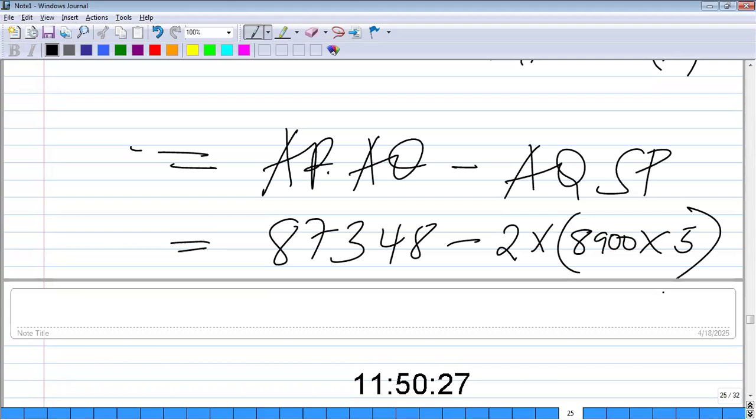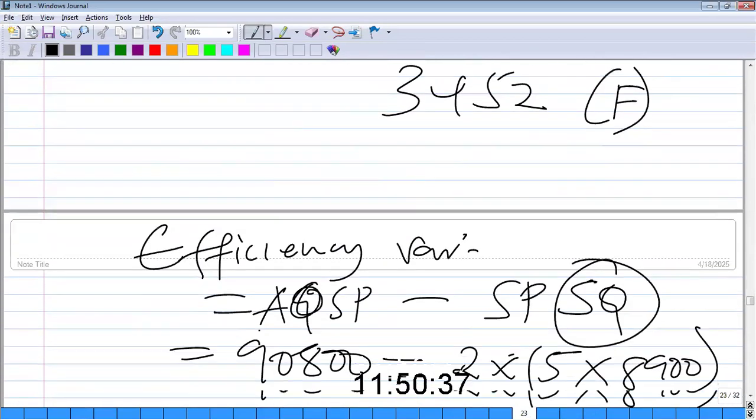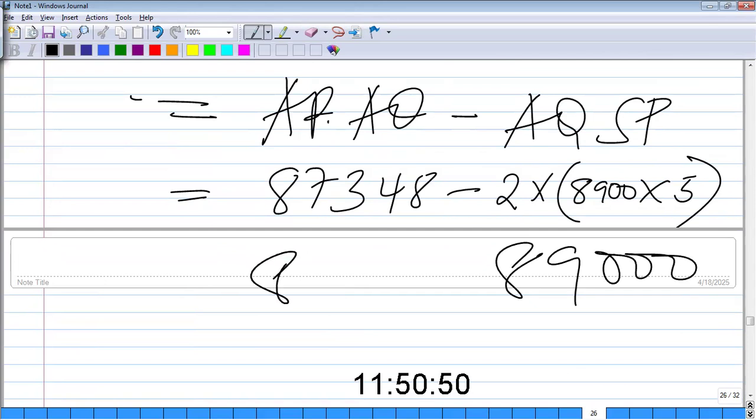So now this should give you the right answer. Times 5 times 2, 89,000, and this is 87,348.